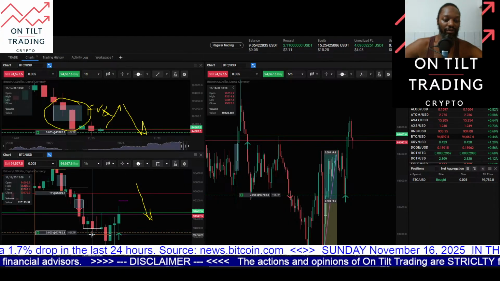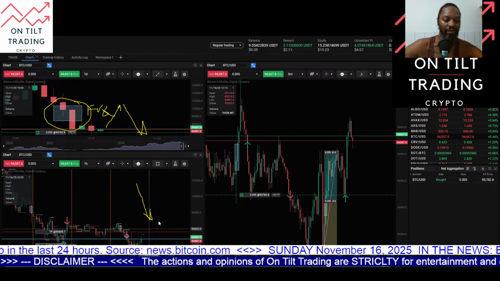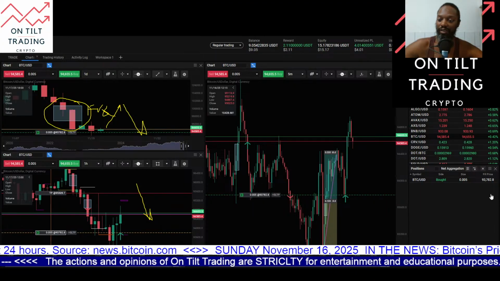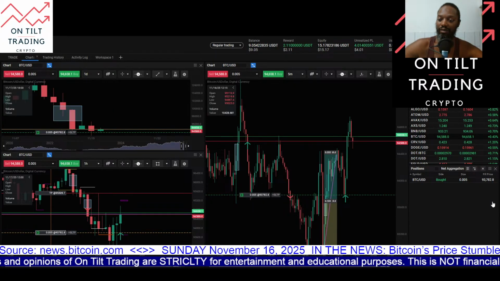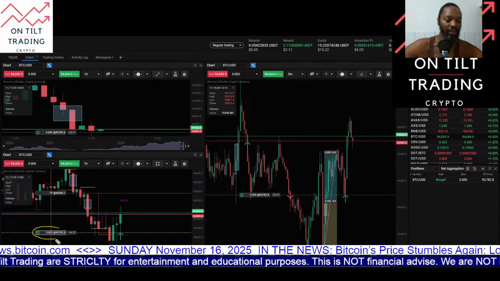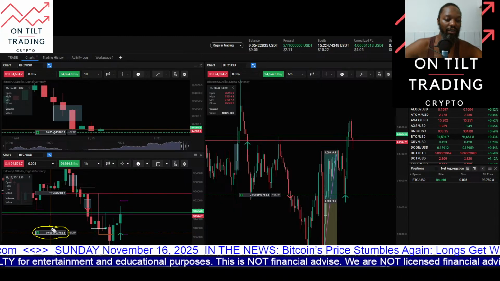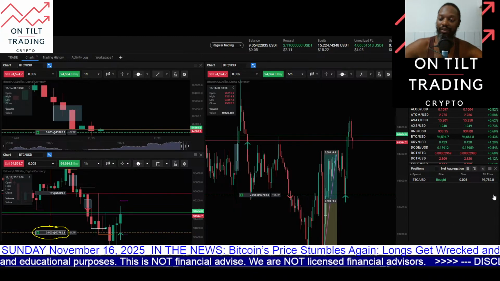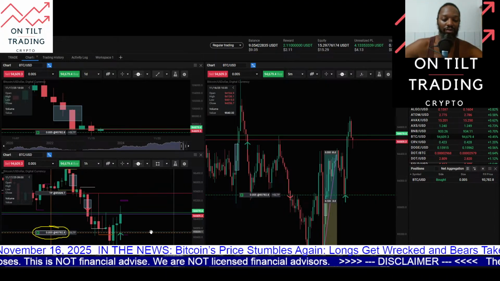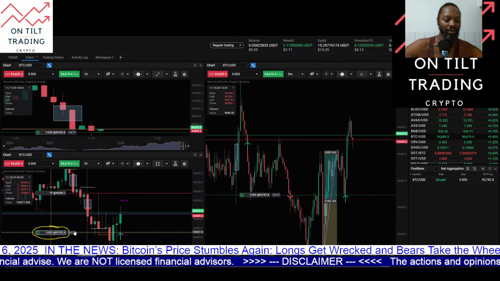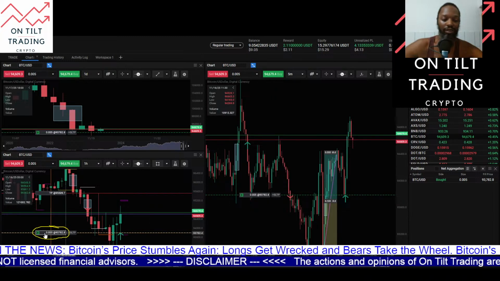And as for the details of the trade, you can see my entry here at 93,782.8. My stop loss is just below this candle here, but I'll pull it up.